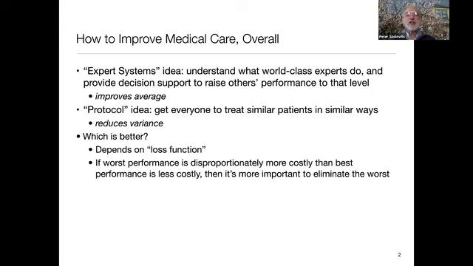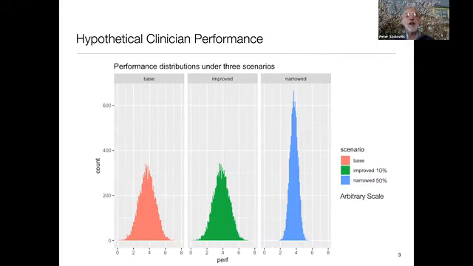So as I was suggesting, if your loss function is asymmetric, so that doing badly or doing below average is much worse than doing above average is much better, then this protocol idea of reducing variance is really important. And this is pretty much what the medical system has adopted.